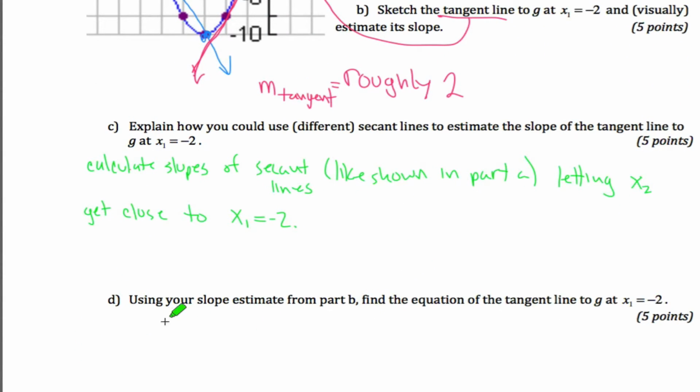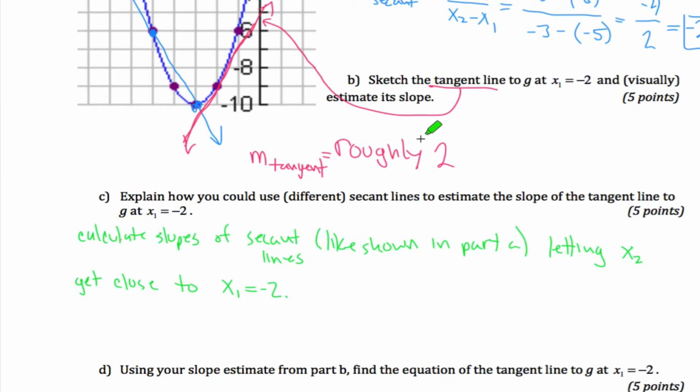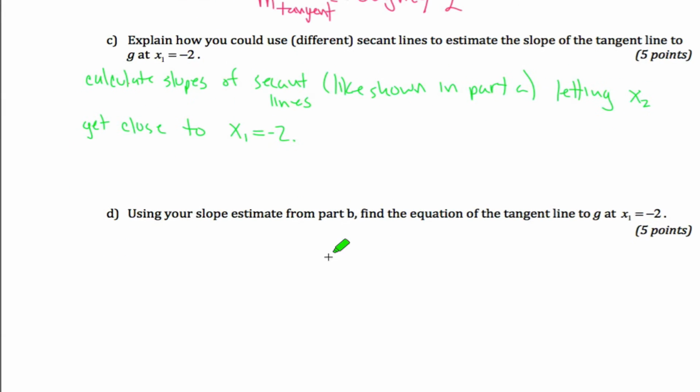And then finally, part D says, using your slope estimate from part B. Slope estimate was up here in part B of 2. So slope estimate from part B, I got m equals 2, and I'm going to say your answer may vary slightly.